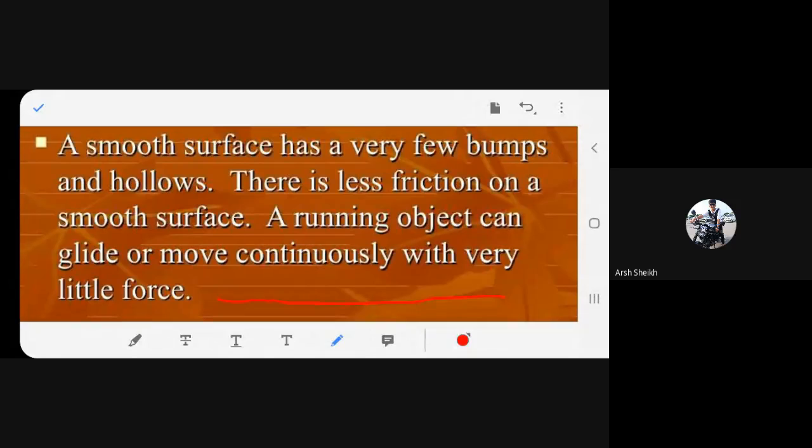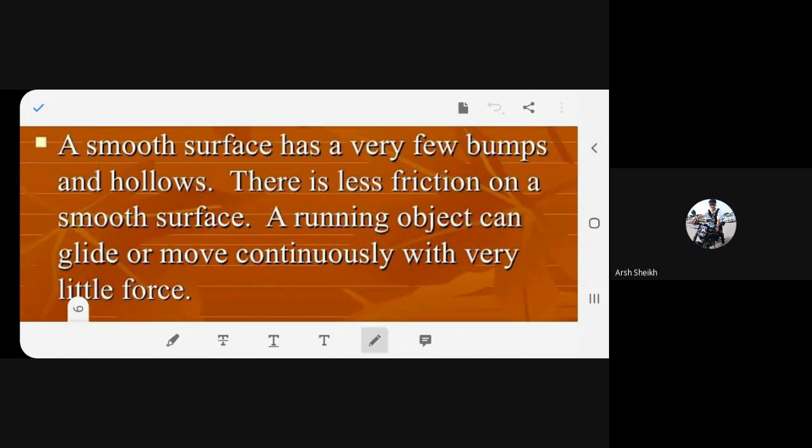So it has only small bumps, very little. These are bumps. And maybe hollows, very few. So what happens? Friction is less. Any object which is moving, you give a little force, it can move this much distance with little force.